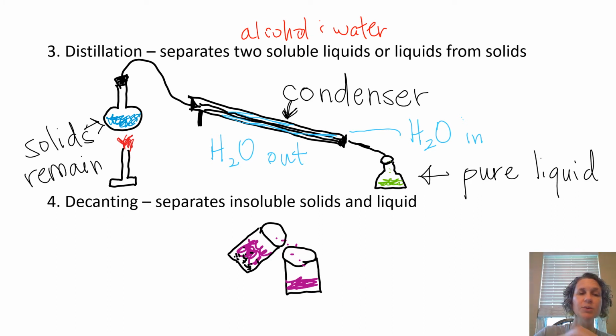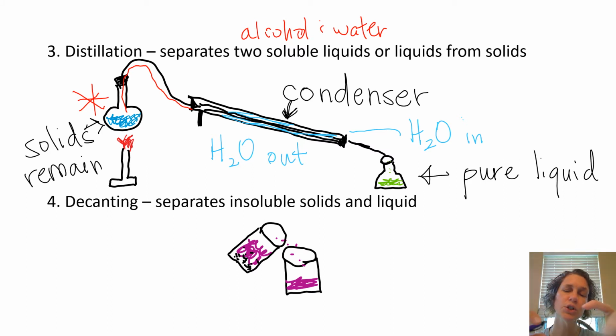So if that's what's over here in this first little flask, you have your mixture. When you heat it, the alcohol will boil much quicker, and it will travel in vapor form up into this little tube and down into a condenser.